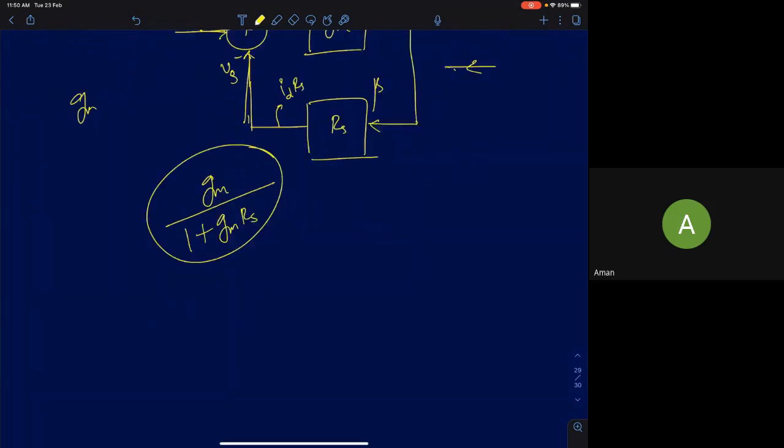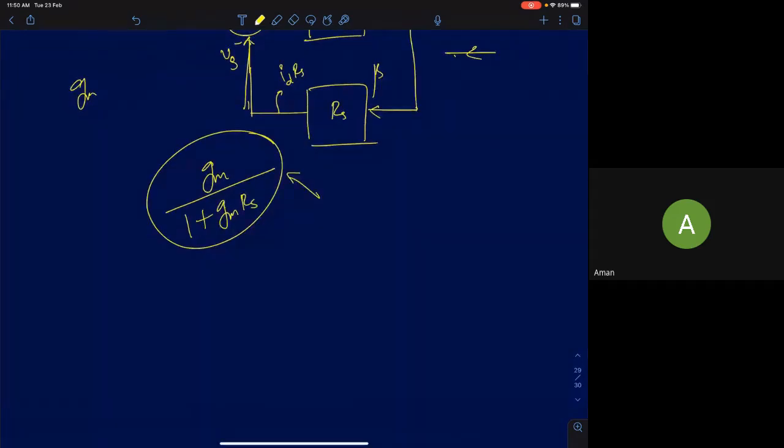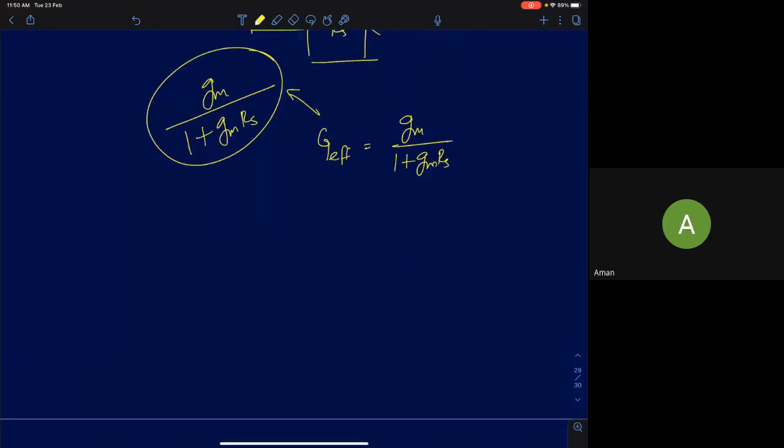The transconductance reduces, so I'm going to call this the effective transconductance. This is the effect of connecting a source resistance: if I apply a voltage Vi, your drain current, or the output current, is now Gm by 1 plus Gm Rs times Vi.